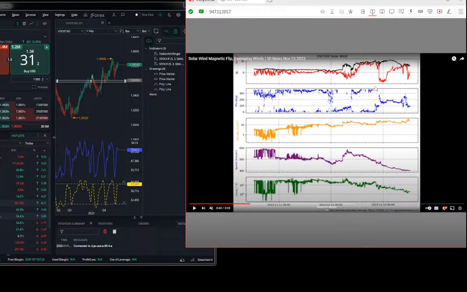Same thing here with the blue, the gap, and it dropped down. And so you can see it throughout all the stats that we see on, let's see, solar wind, magnetic flip, damaging winds occurred from it. Exactly. See it right there. It says it up in there. So, yeah, that's interesting that you mentioned that.